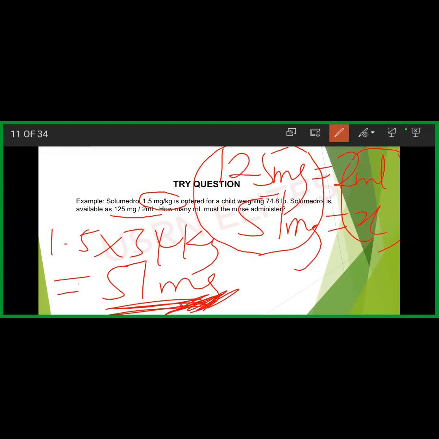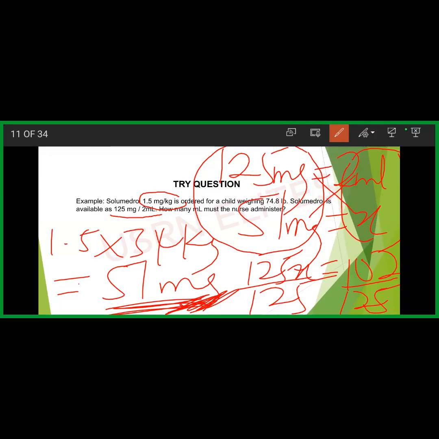Okay, so you do your cross multiplication. So 125 times x will give you what? 125x is equal to 51 times 2. I think you should get 102. Yeah, 102. Divide by 125. You are supposed to get 0.816.